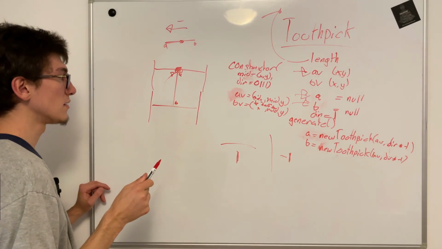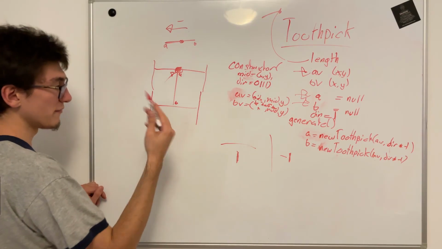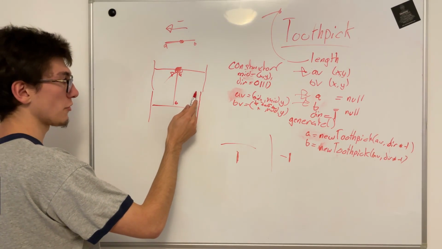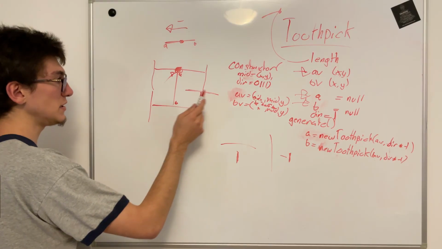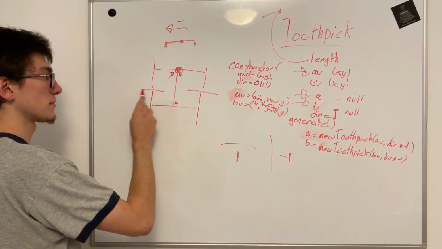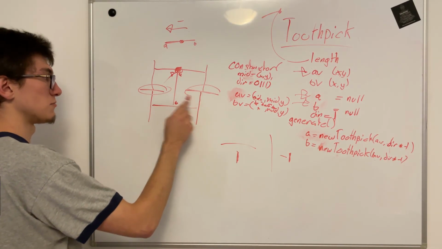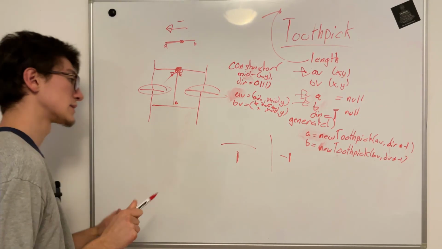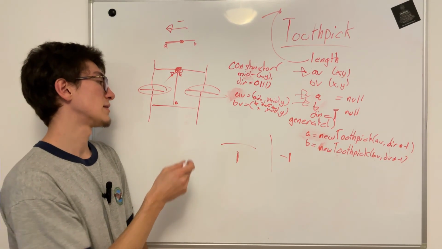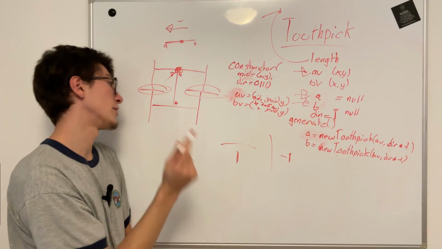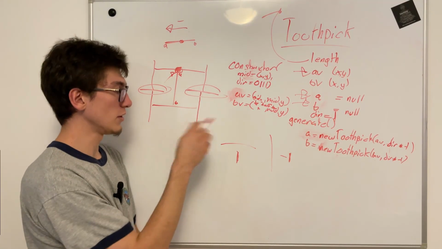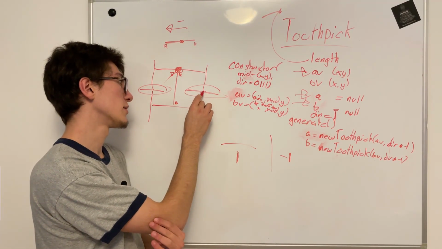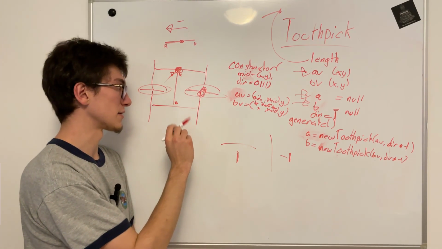But then on the fourth generation, we don't want to create any toothpicks in this area, right? This is wrong. We should not be doing this because there's no space to create toothpicks over there. So we'll need to eventually figure out a way to know if those are intersecting, right?